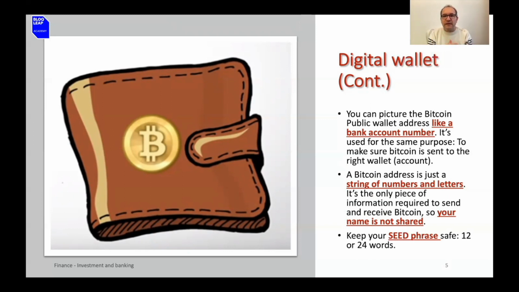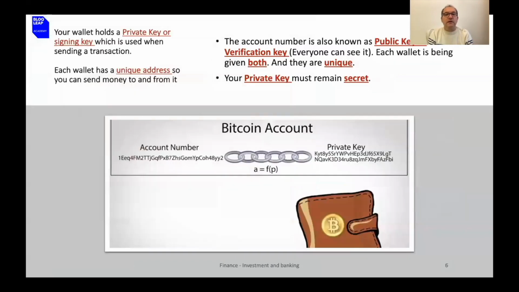We're going to see that in the next chapter, but it's important for you to know that I've got a wallet, I put a coin in it. Only I can access this coin through my wallet, because the coin is not in my wallet, okay? And if I want to have full control of this wallet, I need to write down the seed phrase, 12 or 24 words, and only I can use this phrase.